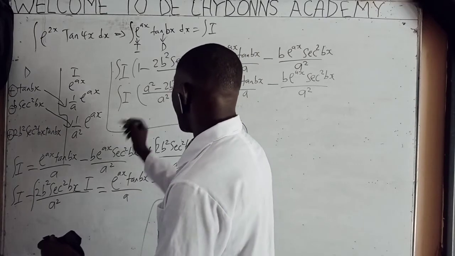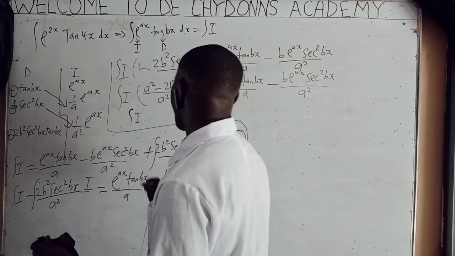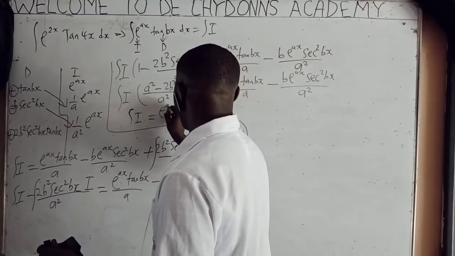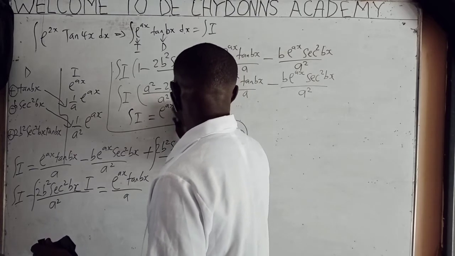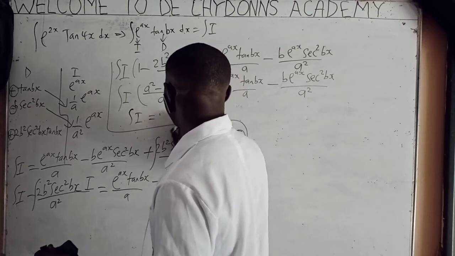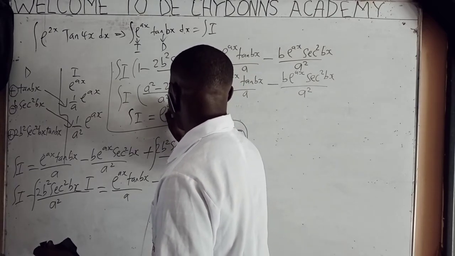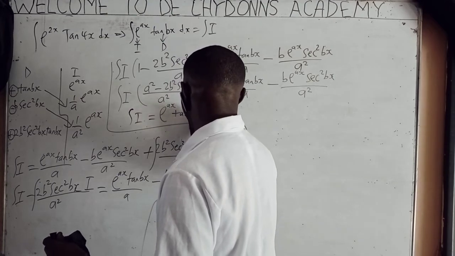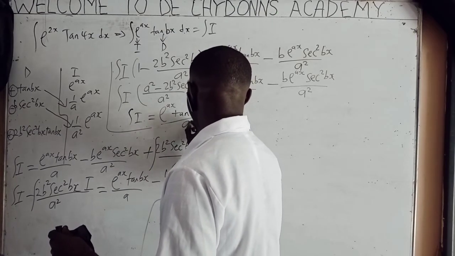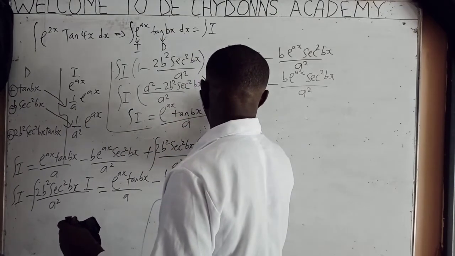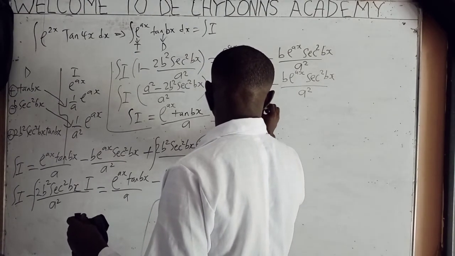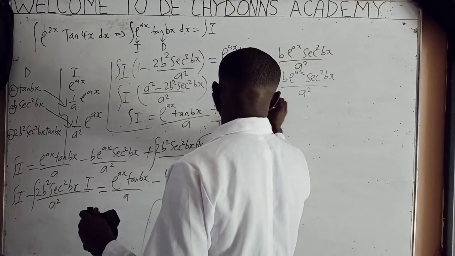If I do so, I will be having integration I as subject of formula equal to exponential ax tan bx all over a divided by a square minus 2b square sec square bx all over a squared.